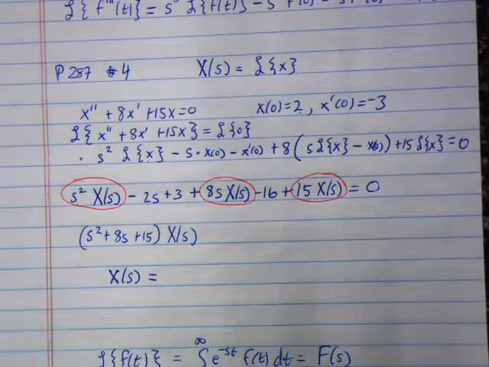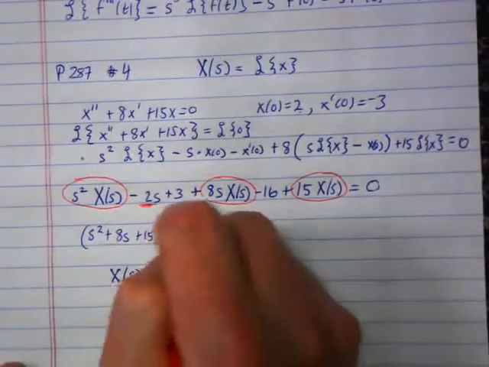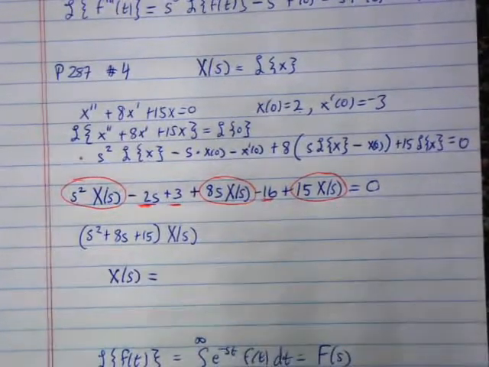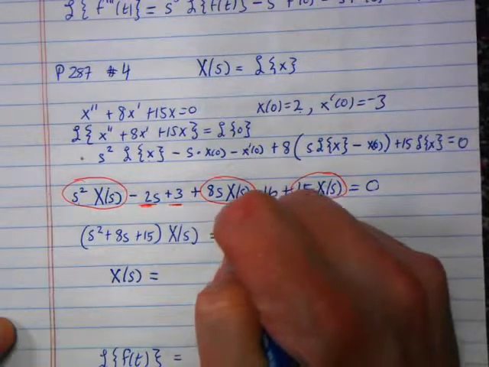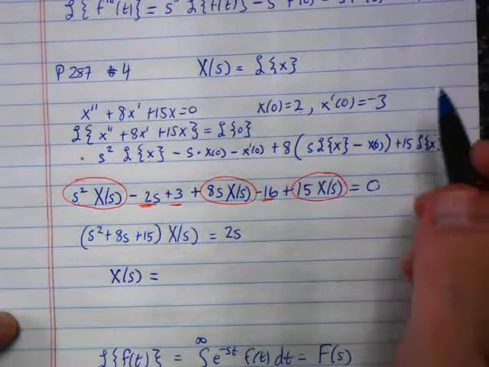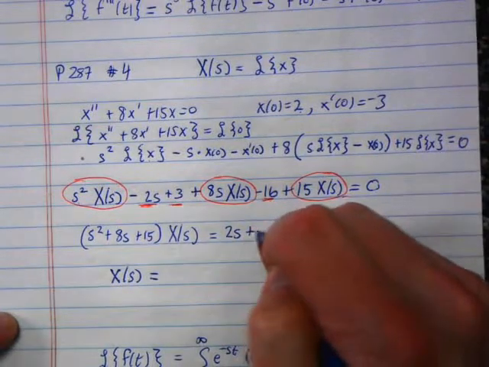And then these things which do not have capital X, there's 3 of those, I'm going to move over to the other side. So when I move those over, that's going to be equals 2s plus 13.